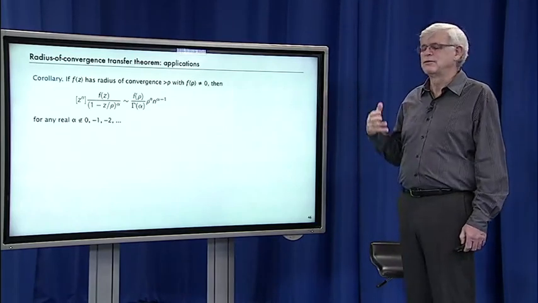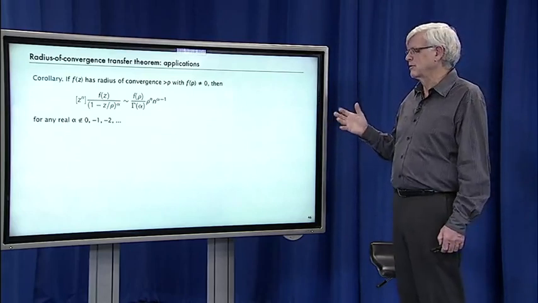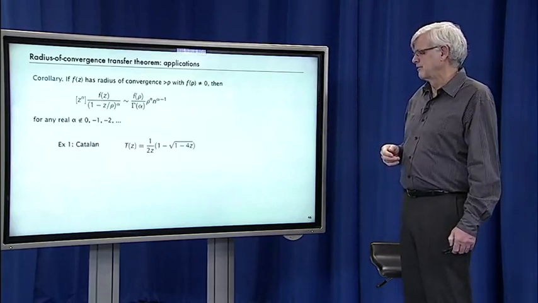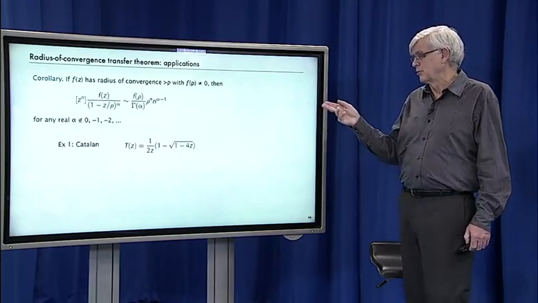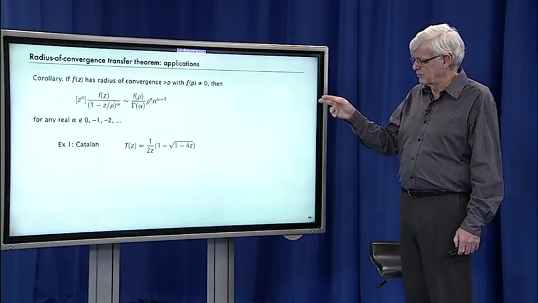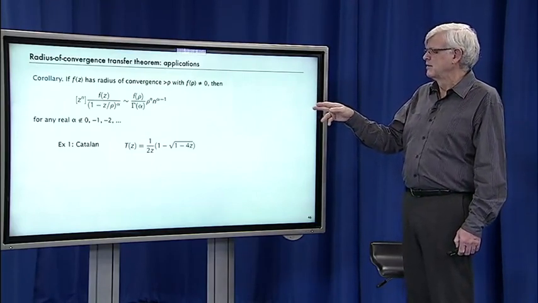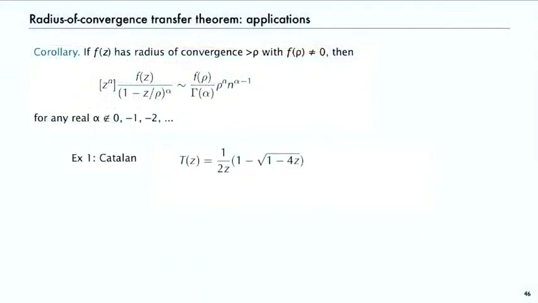And that applies to the two major problems that we've talked about so far in this lecture. For Catalan numbers, t of z equals 1 over 2z times (1 minus square root of 1 minus 4z). There's a tiny complication because the first term has to cancel out. But ignoring that, what we're using is alpha equals minus 1/2, so that's 1 minus z over rho to the minus 1/2 in the denominator.